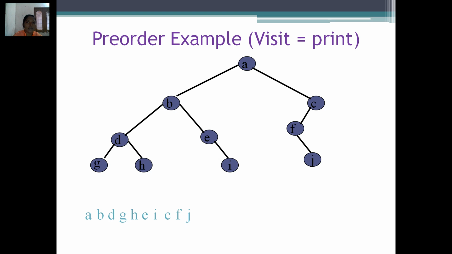So we have to check no node is unvisited, no node is there, so our traversing is completed. This is the evaluation of pre-order traversal in this binary tree.